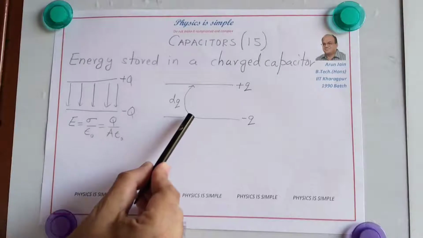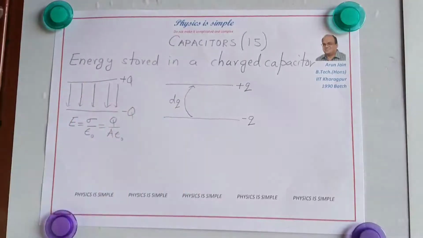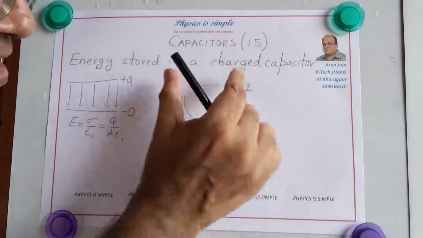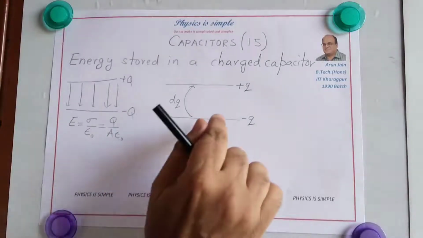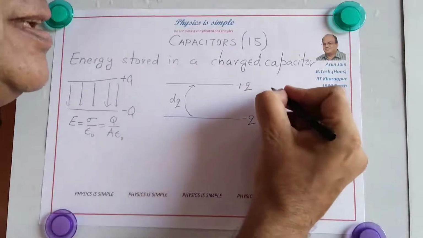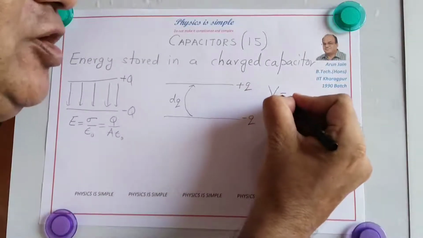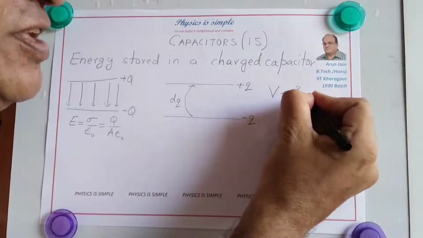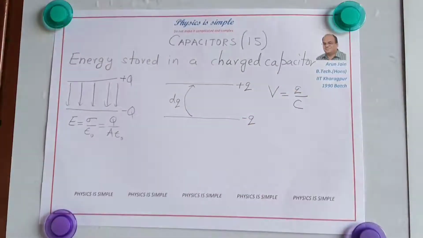And he is taking this charge dq from here to here. At this instant, the potential difference between these two plates is given by q by C, because q is CV, so V equals q by C.